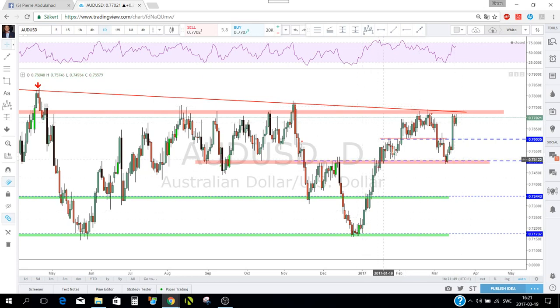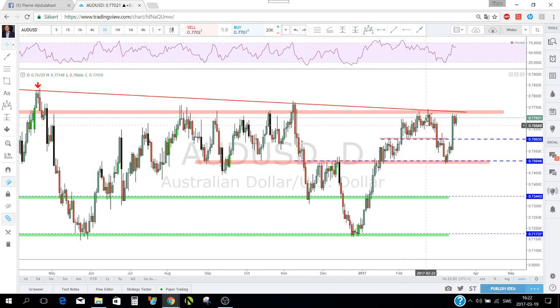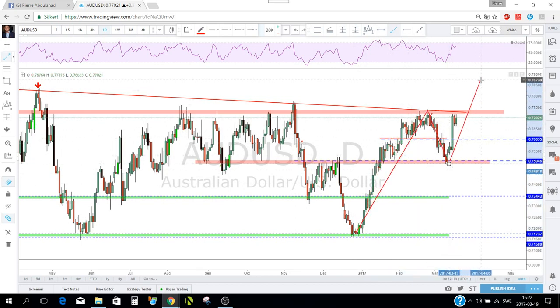Looking at the structure from this low down here back up here, we are in a very bullish trend, as you see. No one can argue about that, and you can say that we may have a trend continuation. If we're gonna say this was the first move correction and it's gonna keep going up, there is a possibility.